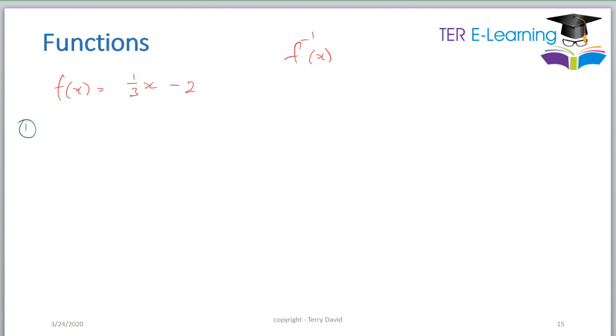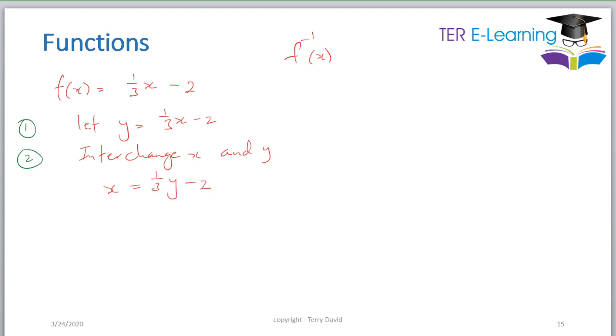Step 1, we need to let y equal 1/3 x minus 2. That's my first step. My second step, we interchange x and y. Alright, so that means that x is now equal to 1/3 y minus 2, right?